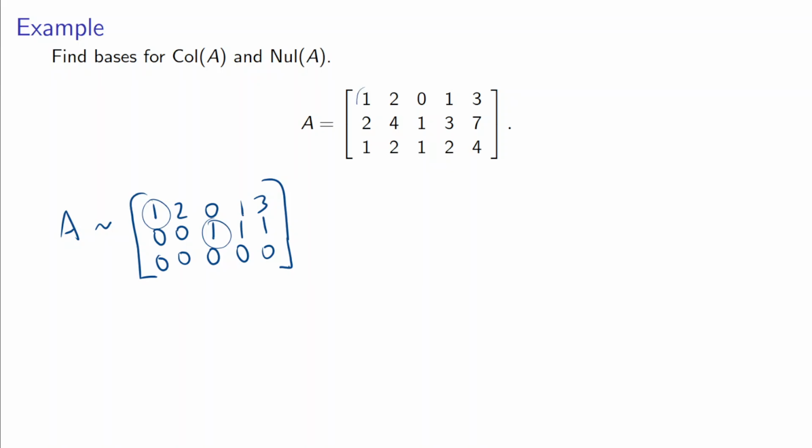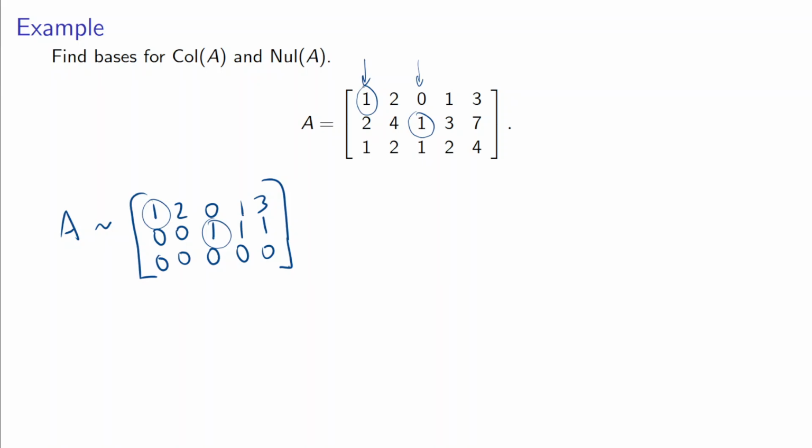What we want to do is go back and find those in our original matrix, and more importantly, recognize the columns that they are in. Any columns that do not contain pivots, we could think about augmenting. You could see that the second column is just twice the first column, so that's not going to be necessary when we're looking for a basis for the column space.